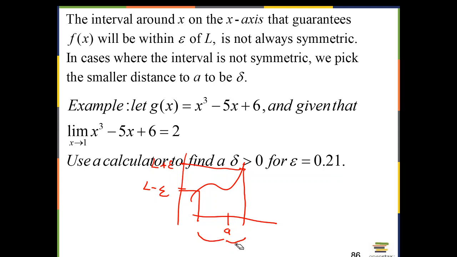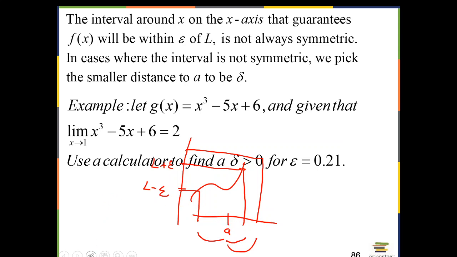But what is your delta if that's the case? Well, the delta would be the smaller one. Because if you pick the bigger one to be delta, then you're going to have to also go that much to the right, and then you don't hit the interval that you're supposed to hit with the y value, right? So the y value goes above the interval L minus epsilon and L plus epsilon. So whenever the interval is not symmetric, we pick the smaller distance to be our delta.